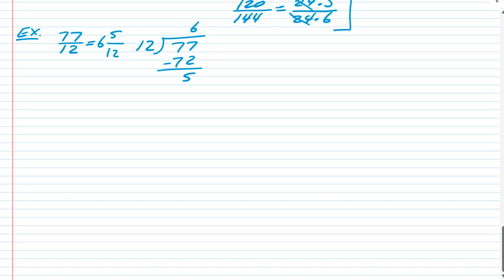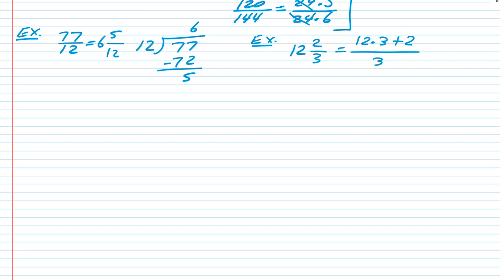Okay. Let's do another one. How about this time you want to write the mixed number as an improper fraction? Just go the other way. So this time, in this next example, suppose I have 12 and 2/3. And I want to write this again as an improper fraction. So we're going to do 12 times 3, multiply these two, add the numerator, divided by the denominator.